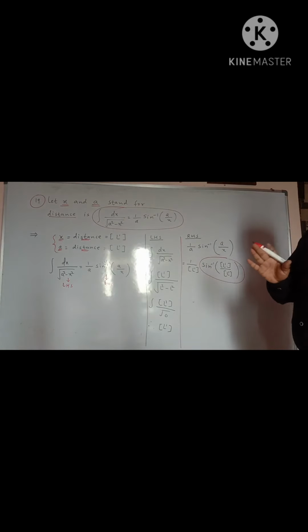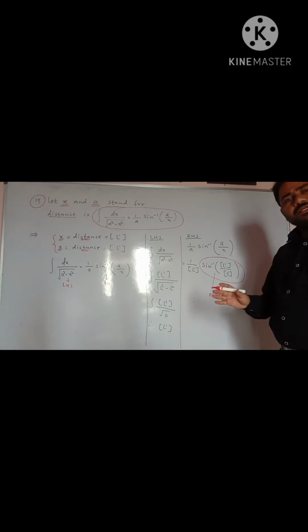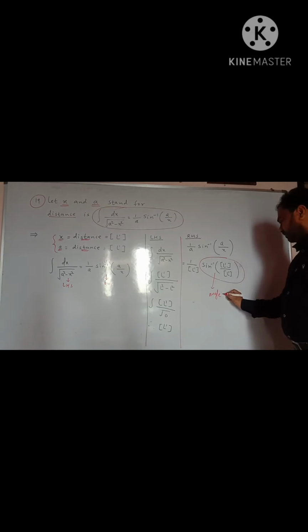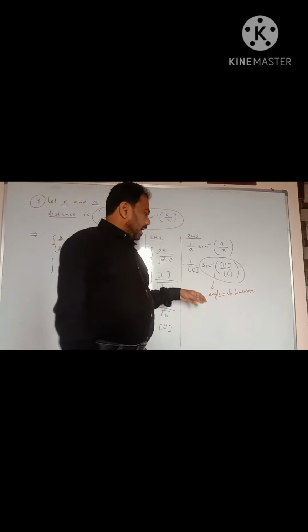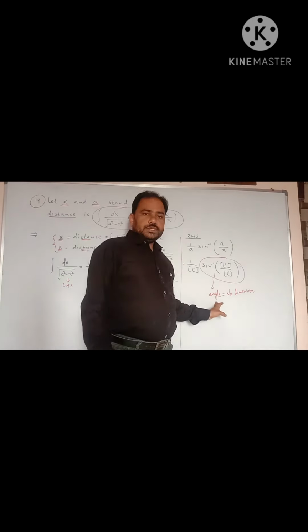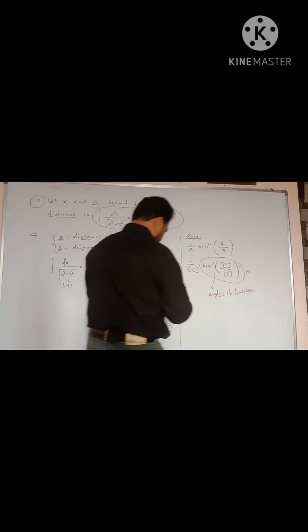We have already solved how to find the dimension of angle. Angle has no dimension, so just memorize that angle is a dimensionless quantity, and we can avoid this quantity.